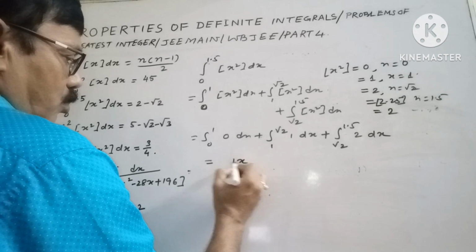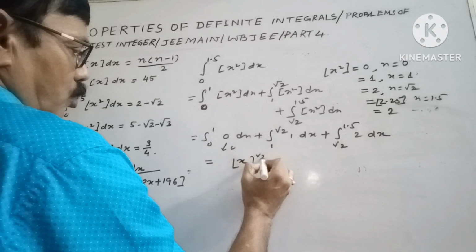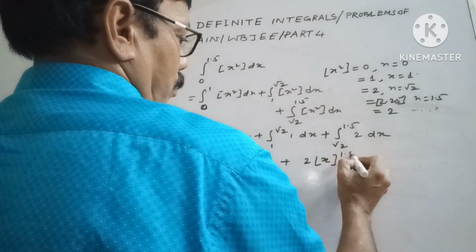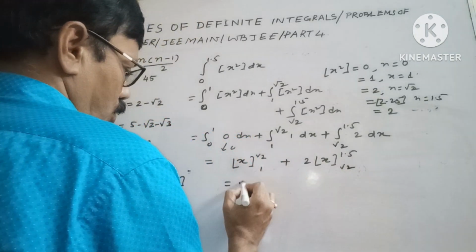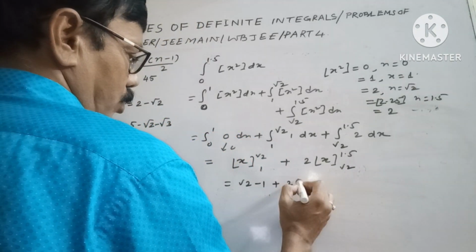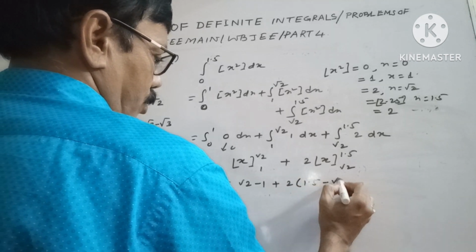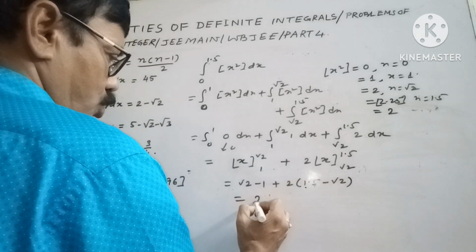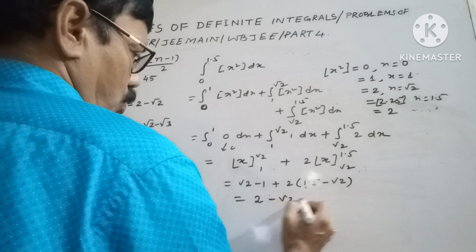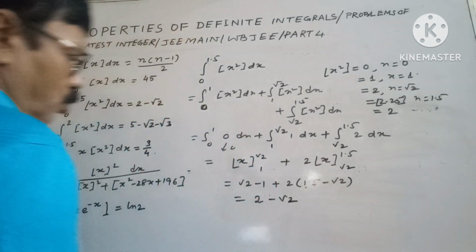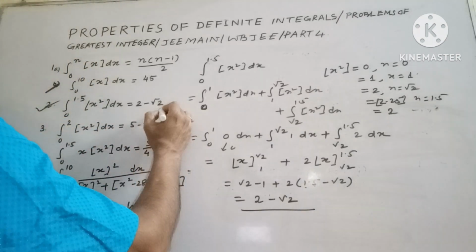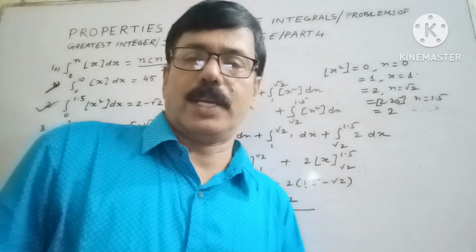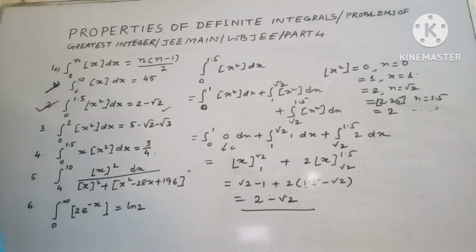This is x. The first one is 0. So x from 1 to root 2 gives root 2 minus 1, and 2x from root 2 to 1.5 gives 2 into 1.5 minus root 2, so 3 minus 2 root 2. So 3 minus 1 is 2, 2 minus root 2 plus root 2 minus 2 root 2... so the answer is 2 minus root 2.